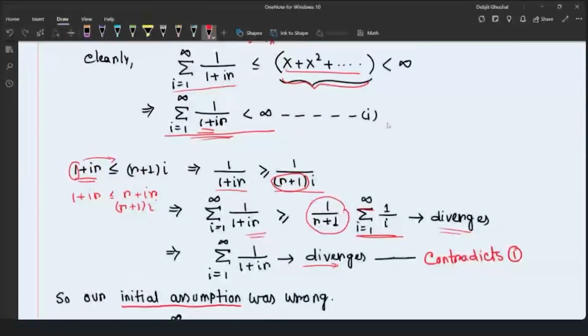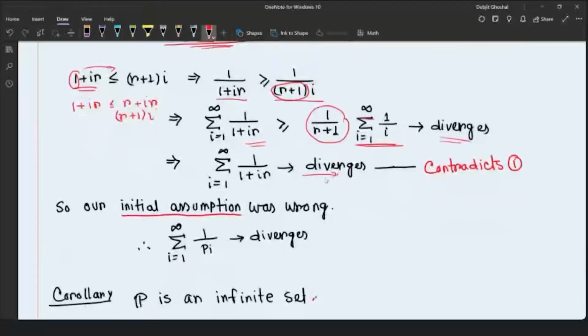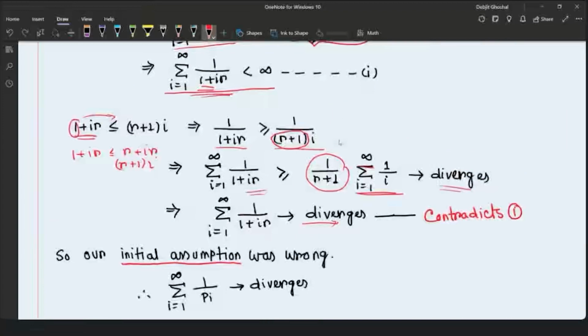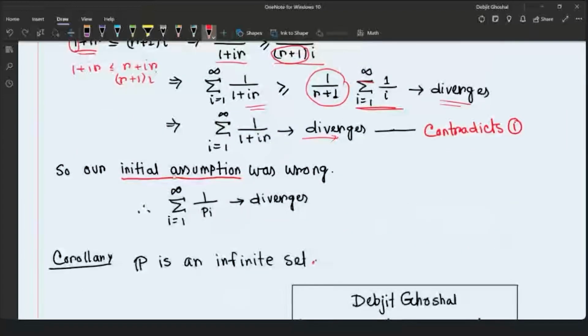We have proved that the summation of 1/(1+iR) is finite, meaning this series converges. But here, by comparison test, we got that this series diverges, which contradicts fact 1. It means there is a problem somewhere.